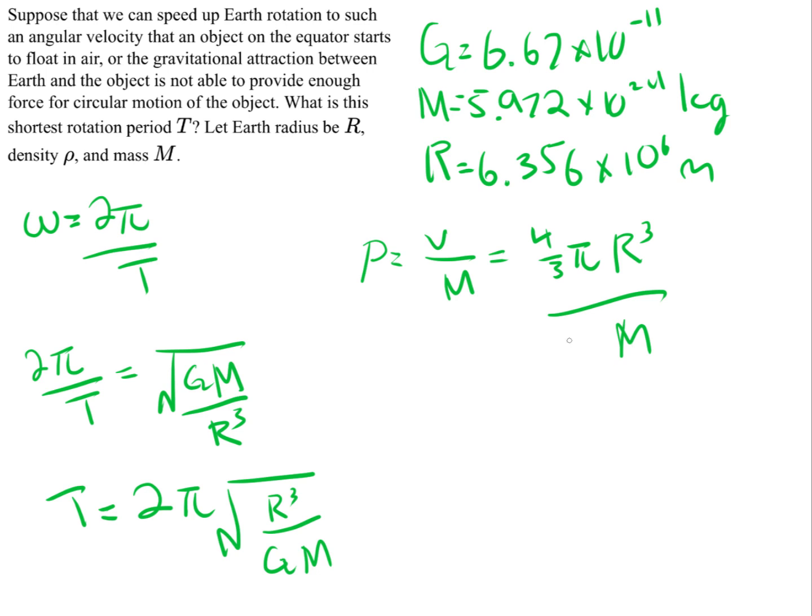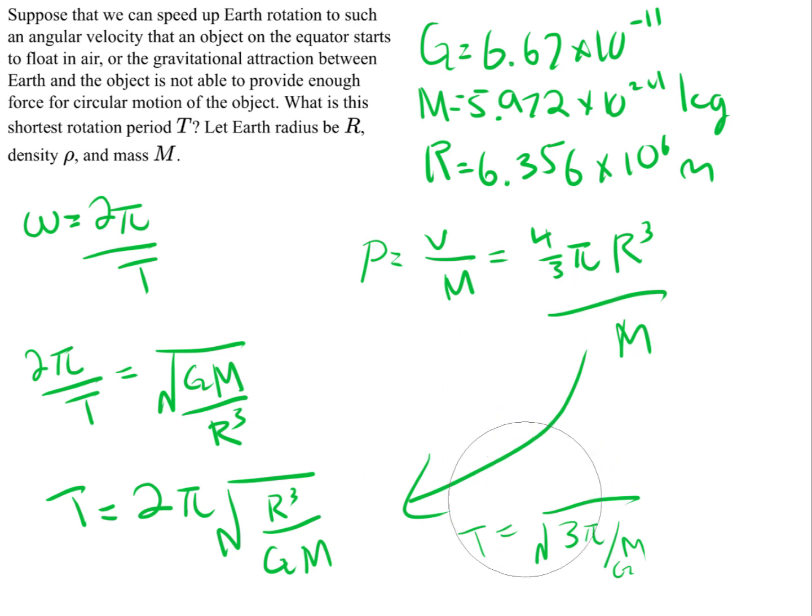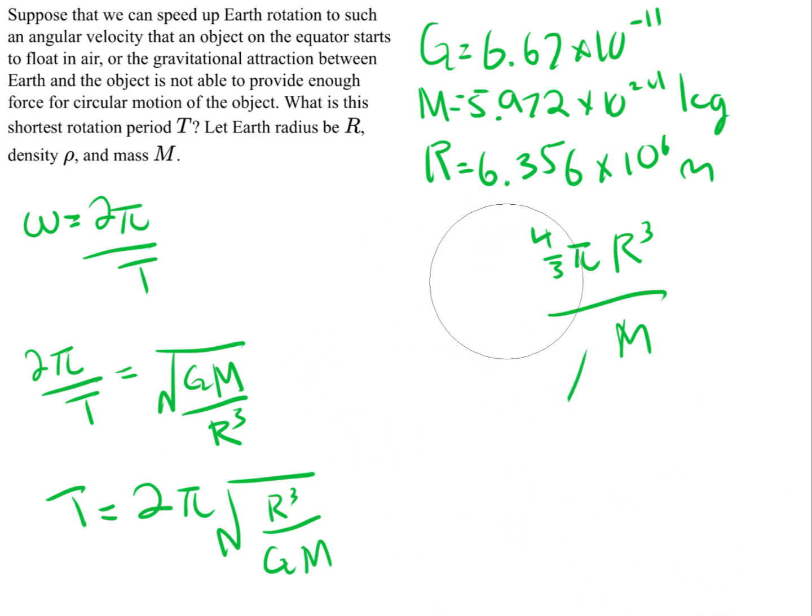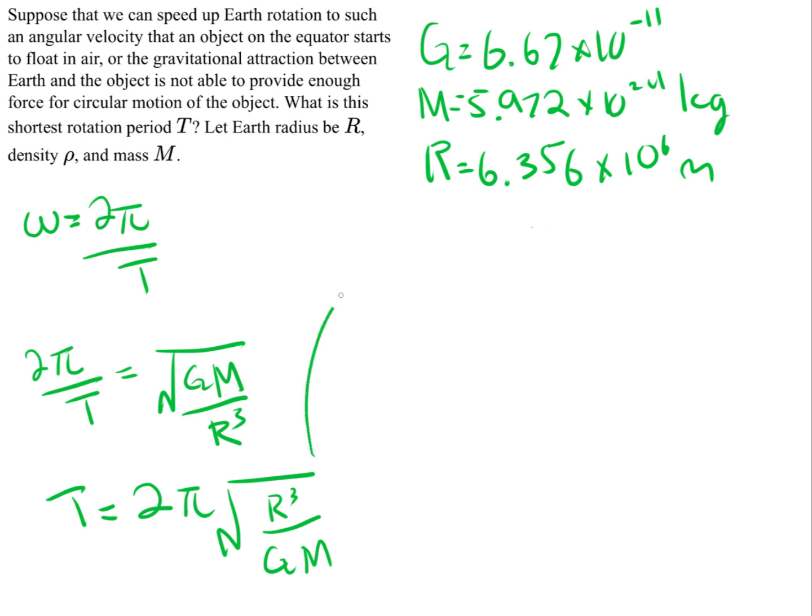Then you can substitute that back in to find another equation, which I think is period equals the square root of 3 pi over G times the density or something like that. I'm not exactly sure, but if you want to use it, you can, and that involves the density. But it's really not necessary to derive that, and we can just use this equation right here.